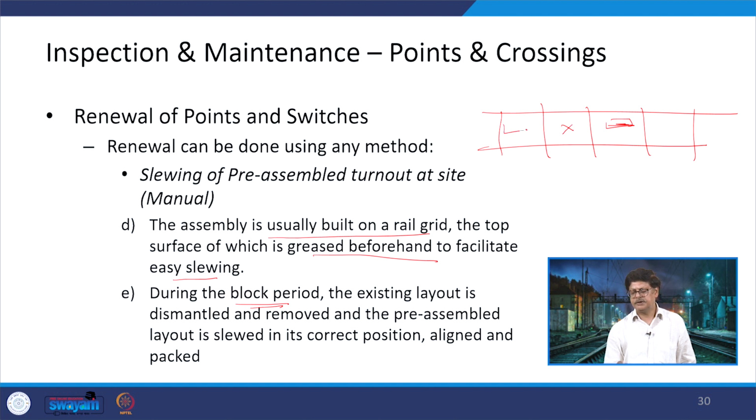There can be a train in the next one, with a caution shown that there is a train moving ahead of you. We will talk about these control systems when we take up train movement control systems. The old layout is removed and the pre-assembled layout is slewed to the correct position, aligned and packed.